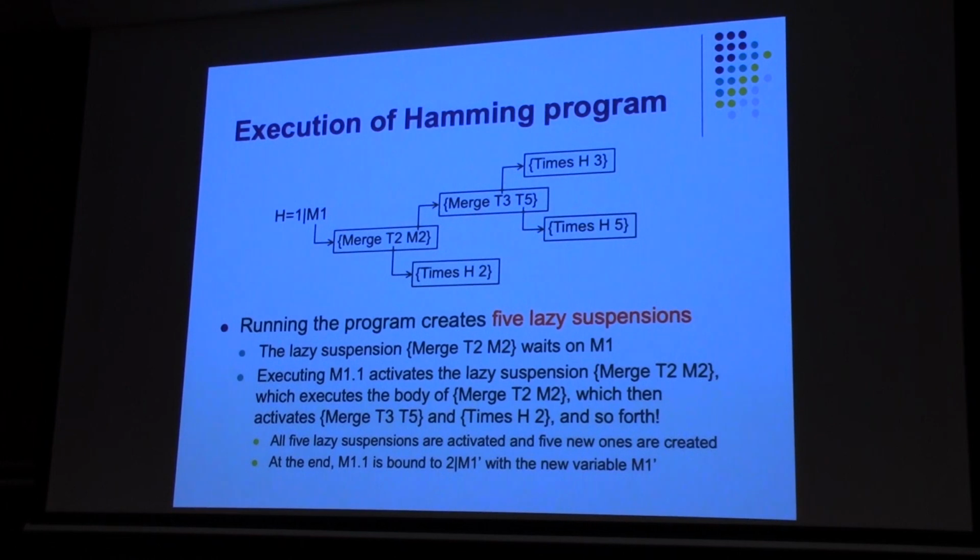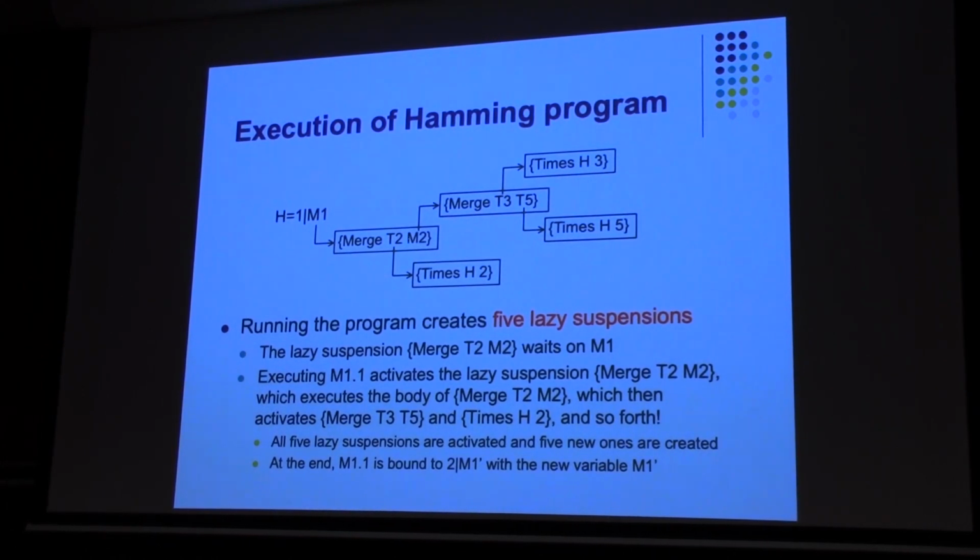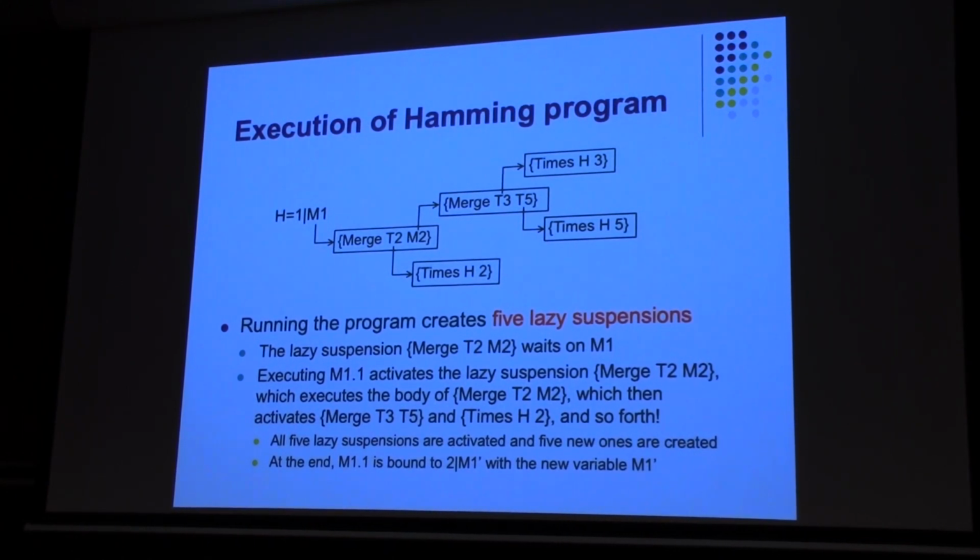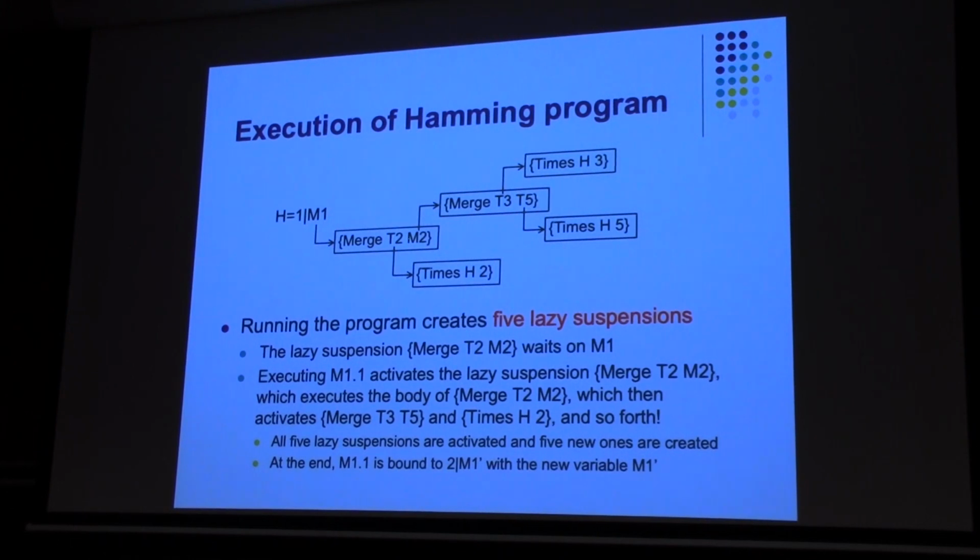Now I want to show you a little bit more how that executes, because we're going to use that, and I want to show you in a few minutes a really interesting trick, a really magic thing. But to understand that magic thing, you have to get this. You have to understand what's going on here.